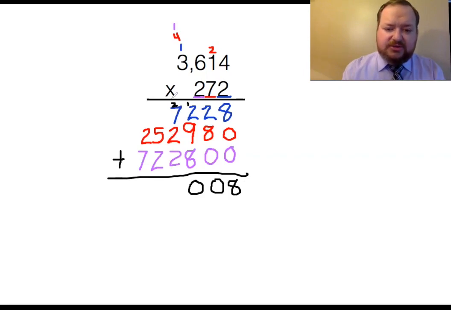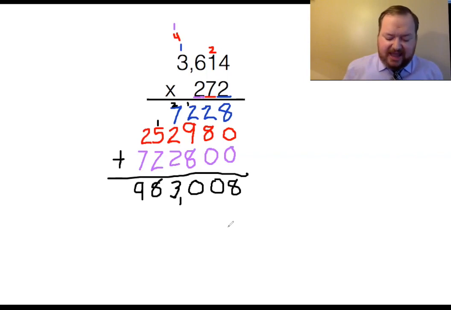All my 2s. Then 6 and 7 makes that 13. Sorry, that 3 looks a little messy. I can do 5 and 2 more is 7, plus 1 more is 8. And then 7 and 2 is 9. So my product is 983,008.